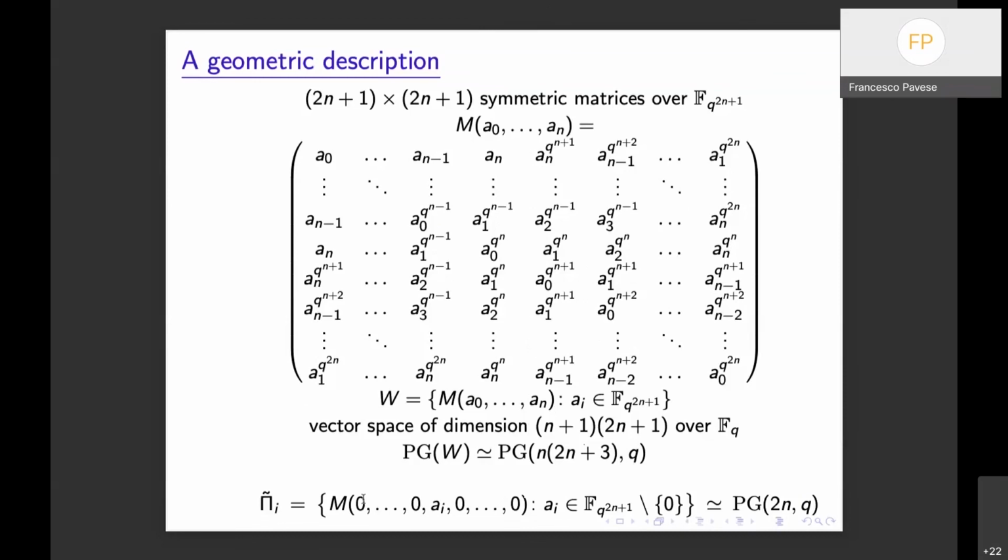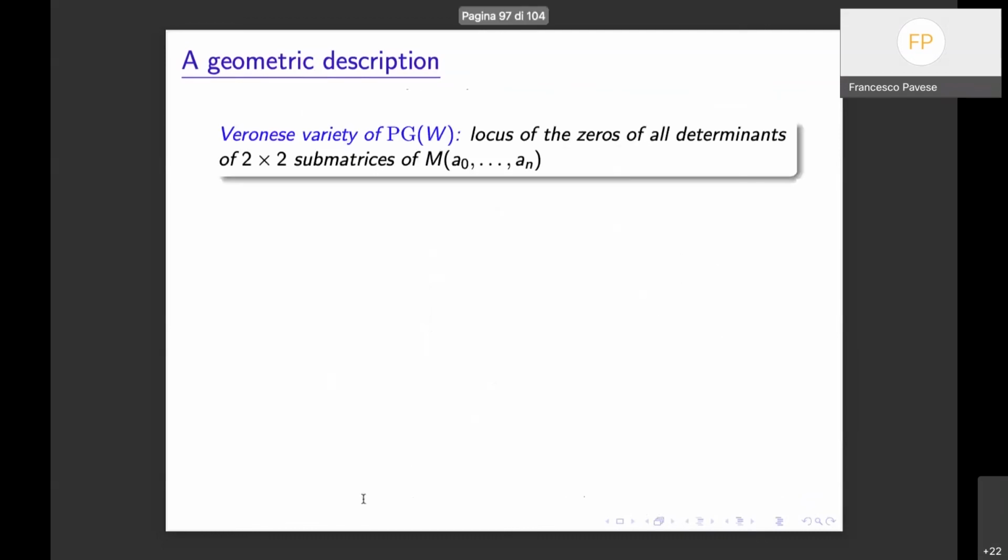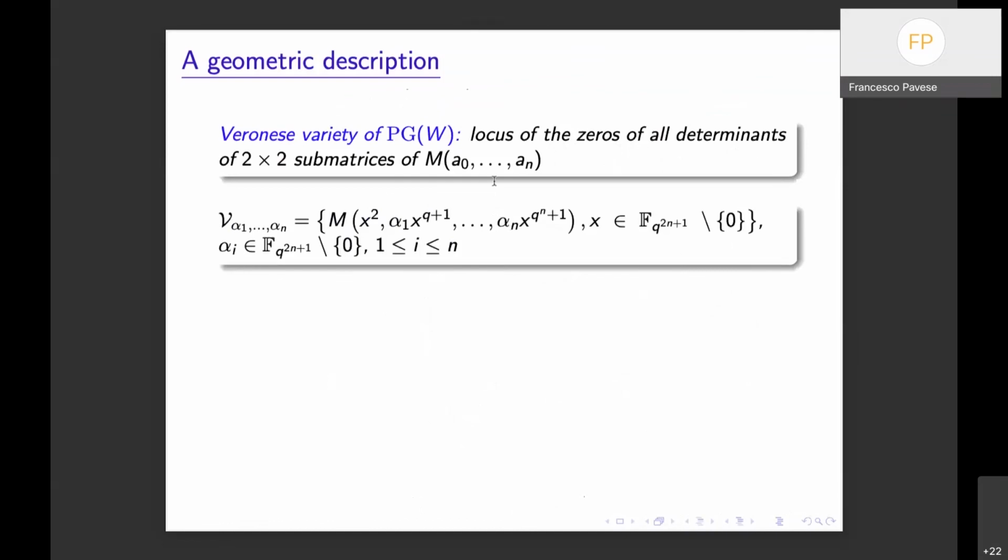And again, it is possible to see that outside the span of at most n of these n+1 pairwise disjoint spaces, every point of the ambient projective space lies on a Veronese variety.